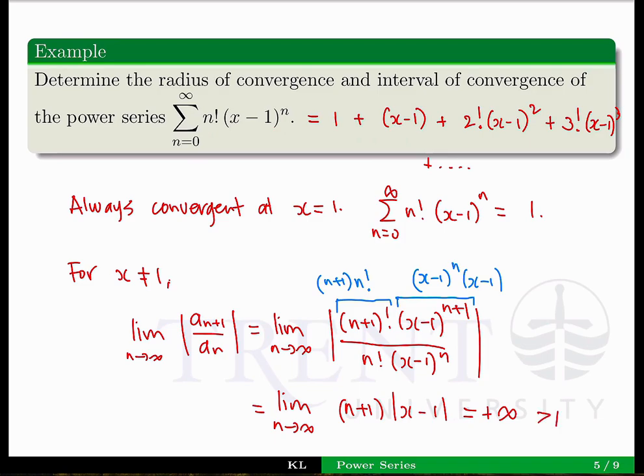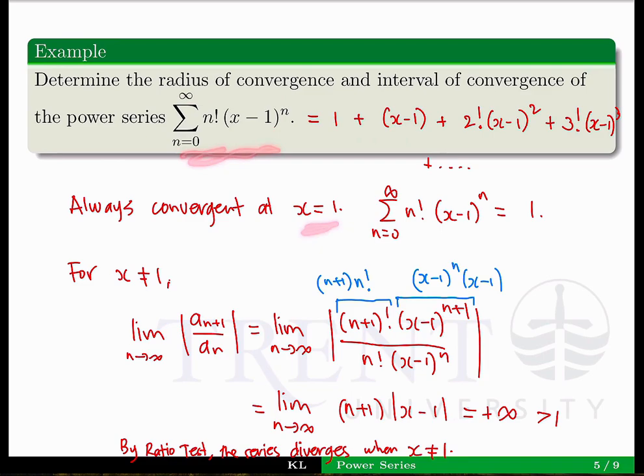So by the ratio test, the series diverges when x is not equal to 1, which means this one is only convergent when x equals 1.